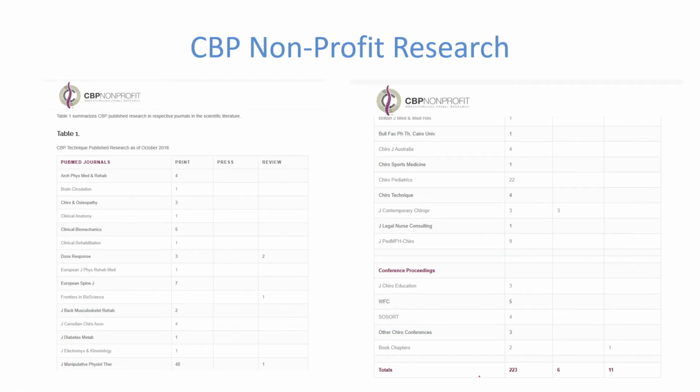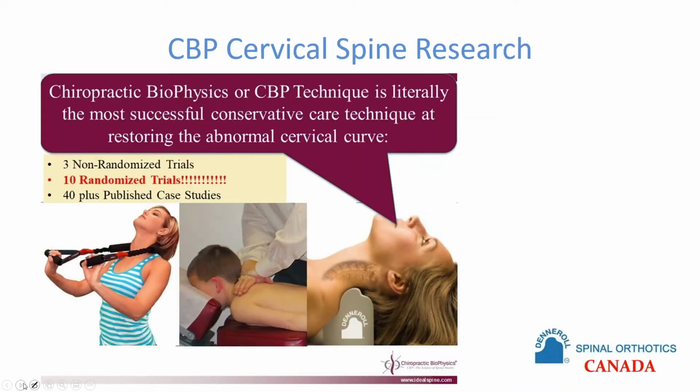All right, so just again, a reminder and review: everything that I discuss is based on CBP. It's what I've learned. It's the research that I follow because I believe they're doing the foremost and best work in our profession. So anything that I discuss, if you want to look at the links to the research, cbpnonprofit.com. Again, they've got 240 papers supporting what they do. I think it's fantastic.